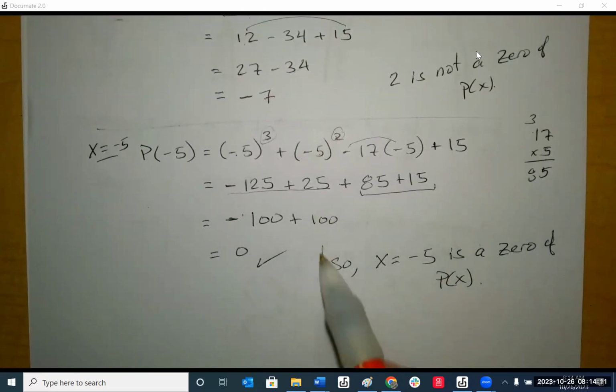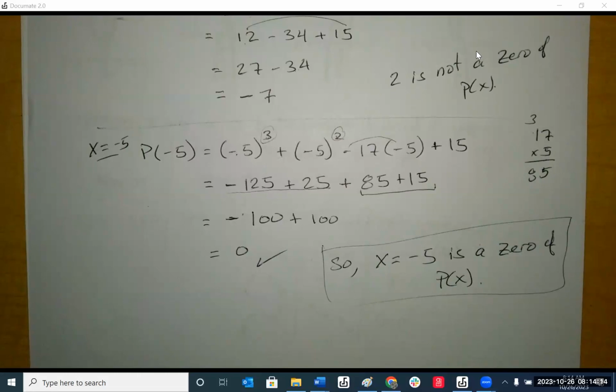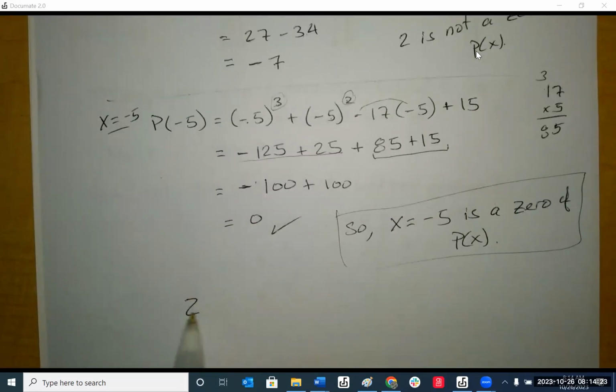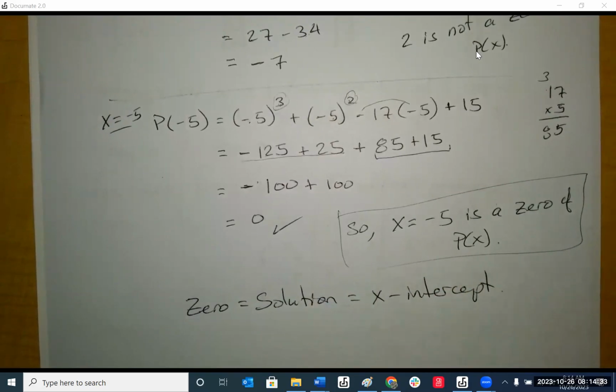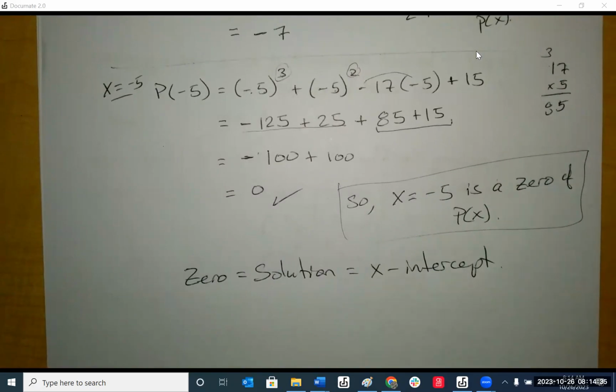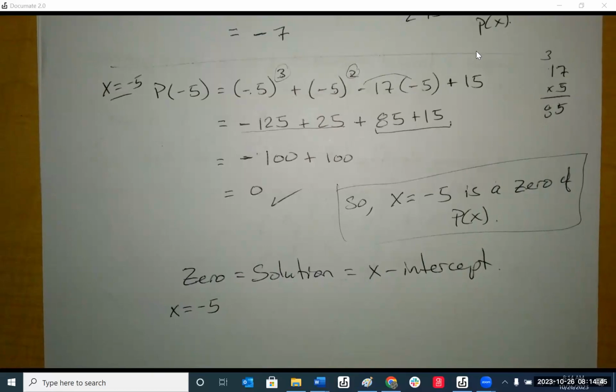So what does this tell us? If we find a 0, what does that tell us? What good is it? Actually, more than that, we solved it, because a 0 is the same thing as a solution, is the same thing as an x-intercept. The 0 of this equation is x equals negative 5.